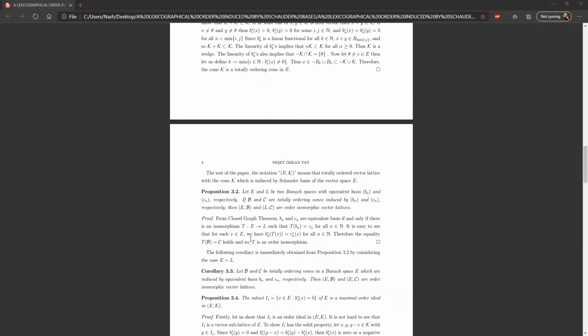By using that cone, of course, we can classify Banach spaces. So let's say we have two cone structures in a Banach space, and these cones are obtained by using the same Schauder bases or equivalent Schauder bases. Then we have order isomorphic vector lattices, which is a really good property and makes our theory consistent.